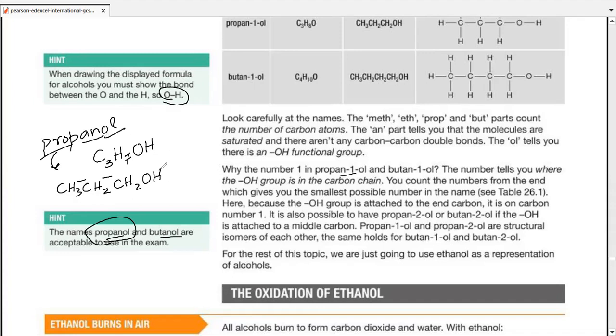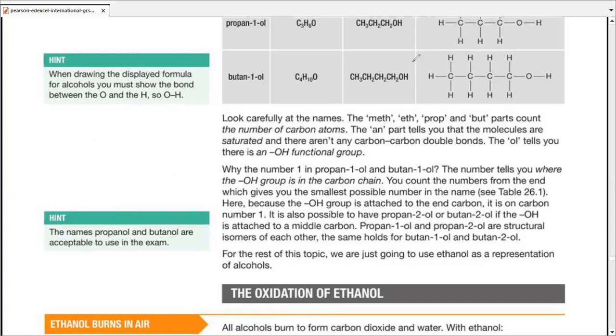And the word ol means that there is a functional group of alcohol present. So again, every part of the name makes its own sense and plays its own part. I hope you understand how to convert the name into structure or structure back into name. This completes the naming part as well.